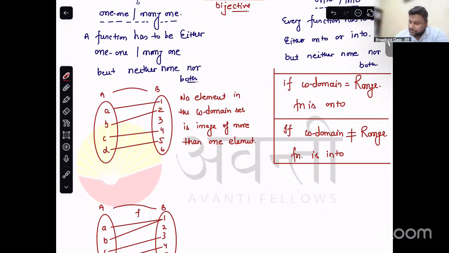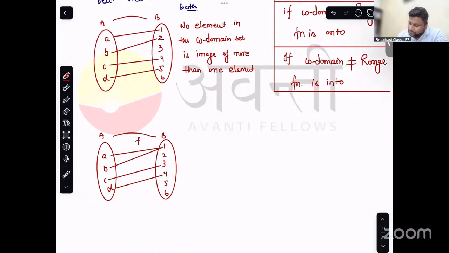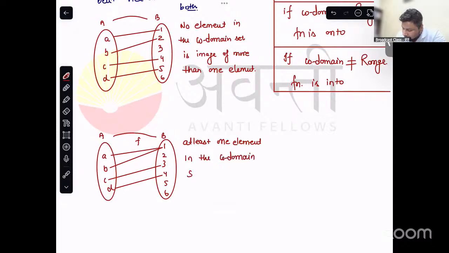Yes or no? Here, if you notice, at least one element in the codomain set is the image of two or more elements.